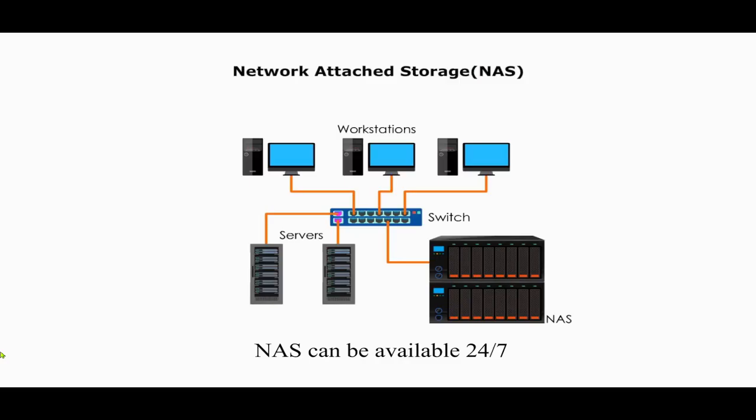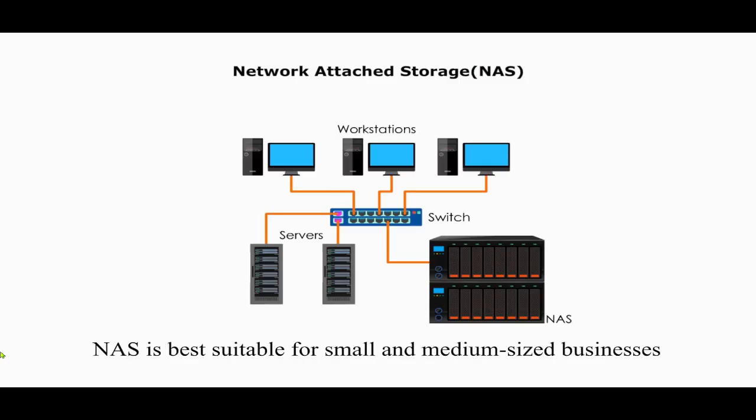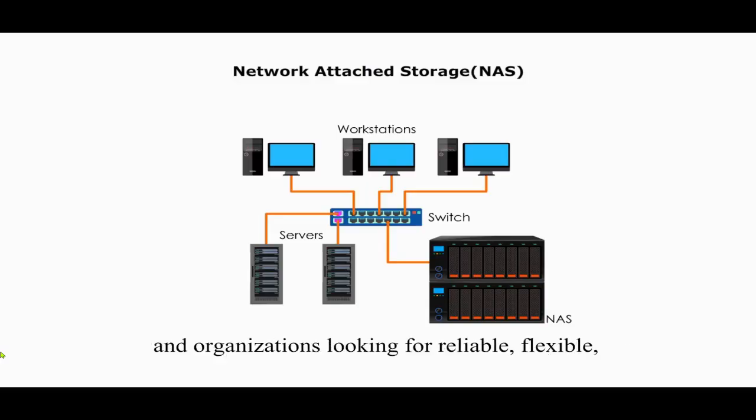For example, NAS can be available 24/7 and shared among different user groups over the Ethernet. NAS is best suitable for small and medium-sized businesses and organizations looking for reliable, flexible, scalable, and minimal maintenance data storage solutions.